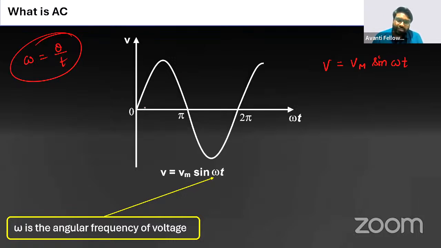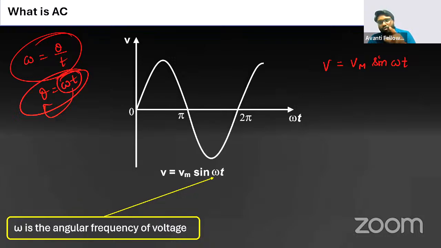And this function depends on the value of theta, because Vm is multiplied by sine, and sine depends on the value of theta. That is why we have written it as omega t. So complete omega t is nothing but theta. Clear? So that is why omega is the angular frequency. After how much time this graph repeats itself, that is the value given by angular frequency, the number of oscillations in 1 second.